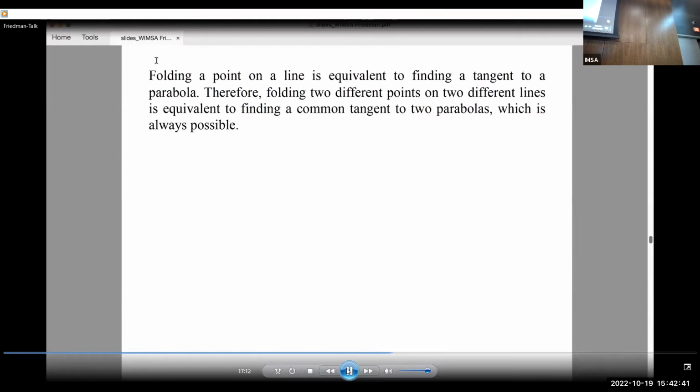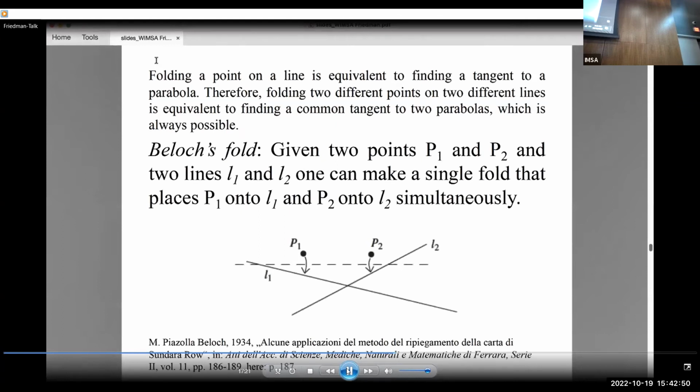Beloch's fundamental insight in 1934 is exactly a proof of this. So this is actually called Beloch's fold. Given two points, P1 and P2, and two lines, L1 and L2, one can make a single fold that places P1 onto L1 and P2 onto L2 simultaneously.